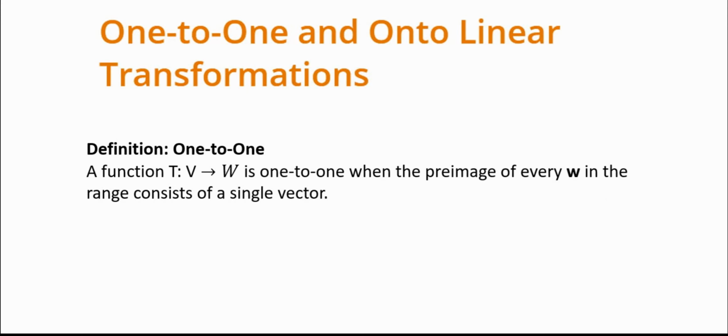Now, one-to-one and onto. I'm just running through the topics, and then at the end we'll put it all together in a few problems. One-to-one and onto linear transformations. Now, this is just a copy from algebra. Definition of one-to-oneness: a function T that maps vectors from V into vectors in W is one-to-one when the preimage of every w in the range consists of a single vector.